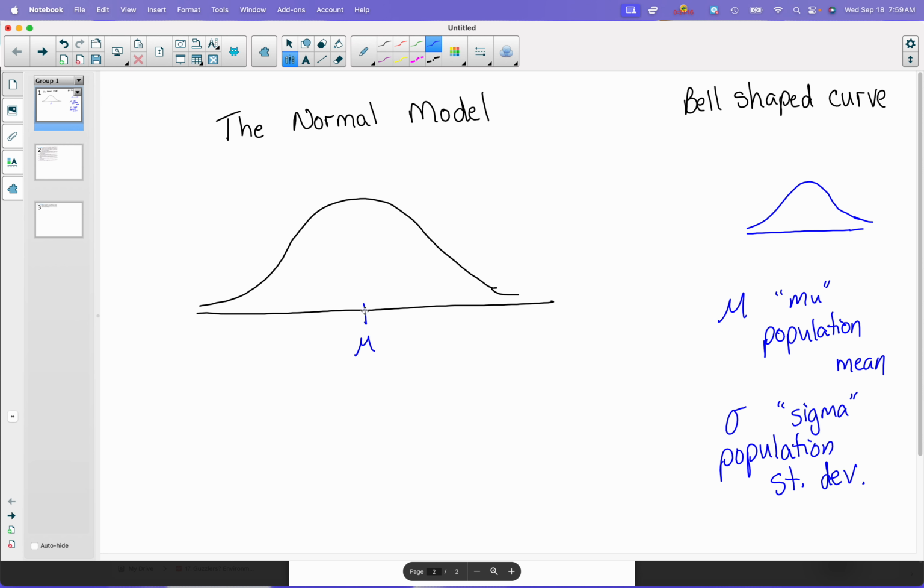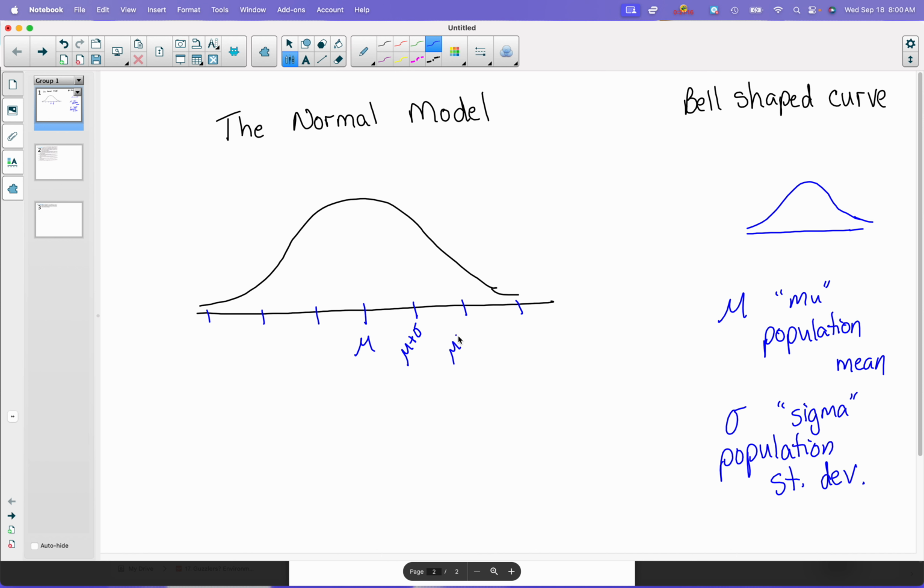So from my mean, I'm going to mark off 3 tick marks here and try to expand it all the way to the end of my drawing. Again, it's not perfect. Each one of these marks is a standard deviation. I'm going to label this one mu plus sigma because it's a standard deviation above my mean.